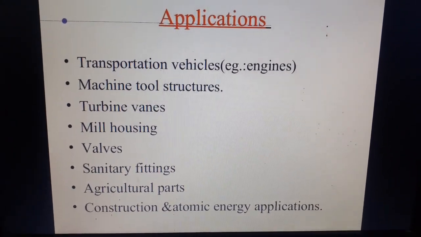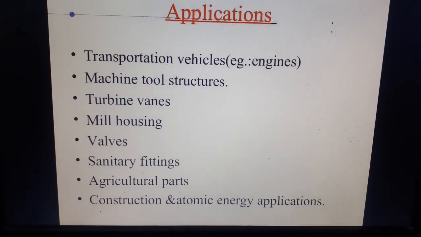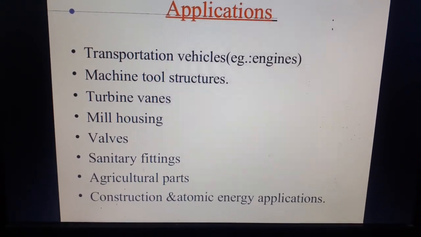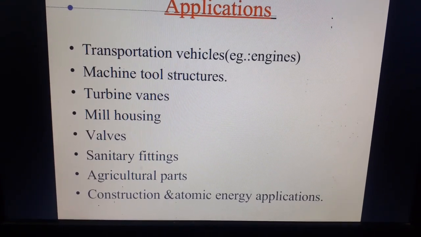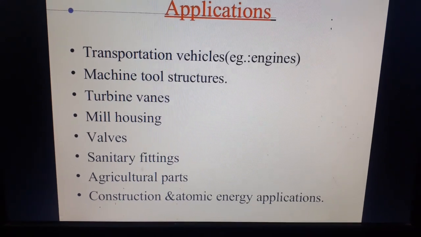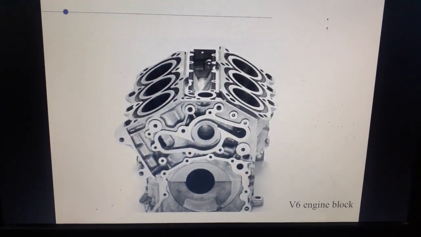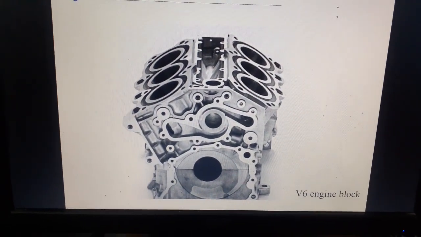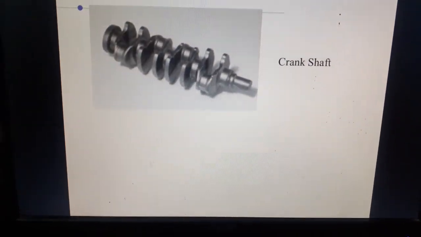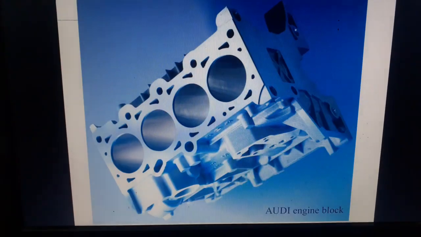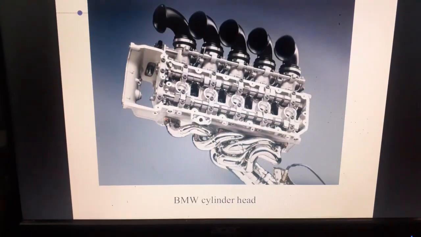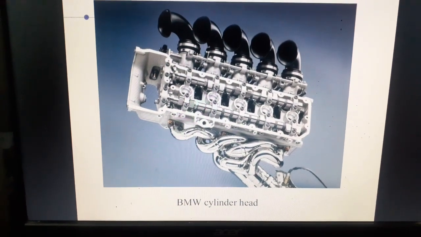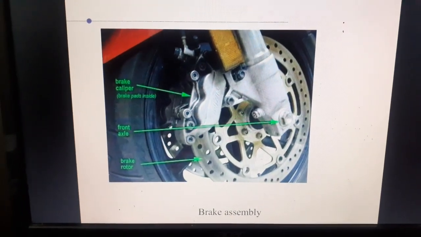Then turbine vanes, mill housing, walls, sanitary fittings, agricultural parts, construction and atomic energy applications. So these are some applications. You can see the diagrams. This is the engine block, crankshaft, engine block, cylinder head, brake assembly.